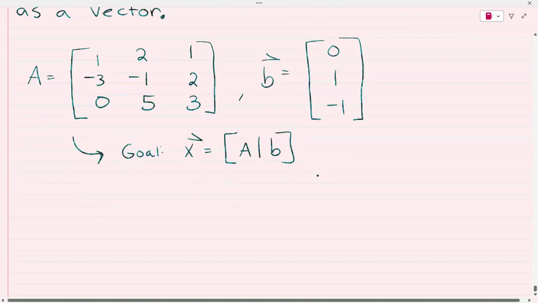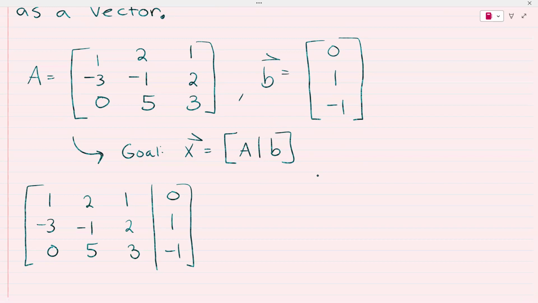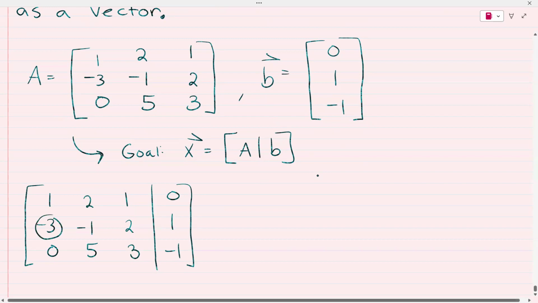So it would be 1, -3, 0, 2, -1, 5, 1, 2, 3, and then equals vector b, which is 0, 1, -1. Okay, so we have to get our pivots. So let's make -3 into a 0. How do I do that?